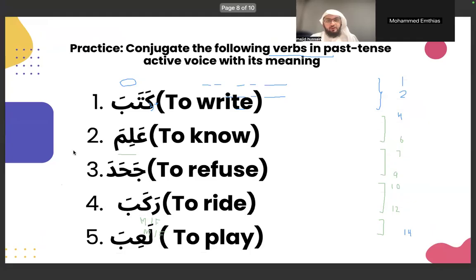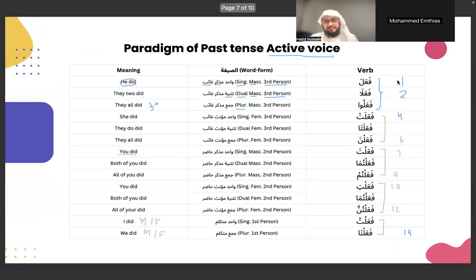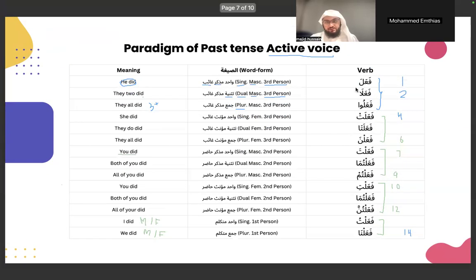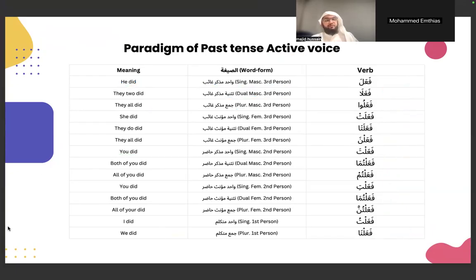There's more to go. Here are some words to practice conjugation of verbs, but this is the key first. You can take these words and practice on this paradigm, if that's convenient for you to learn at the moment.